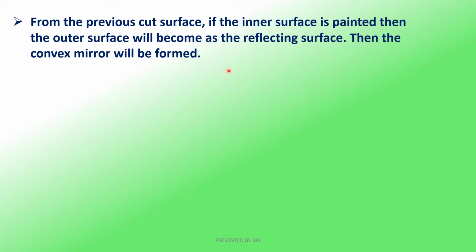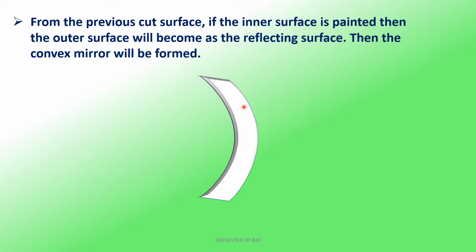See here. So this is the inner surface, left side. This is the inner surface. Inner surface is silvered or painted. So this white surface, this is the outer surface. So the outer surface is the reflecting surface now.